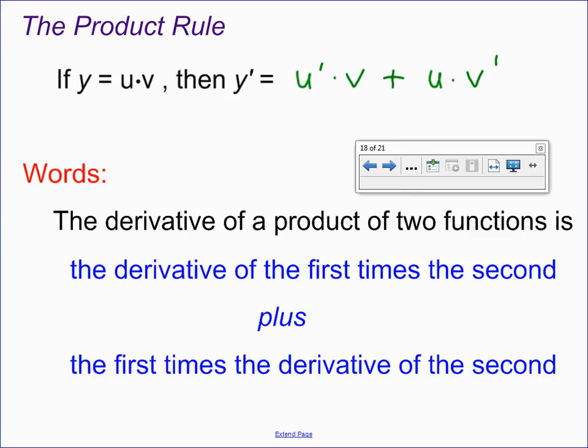Take a minute and make sure you have an equivalent verbal statement. So the derivative of a product of 2 functions is the derivative of the first function times the second function plus the first function times the derivative of the second function.